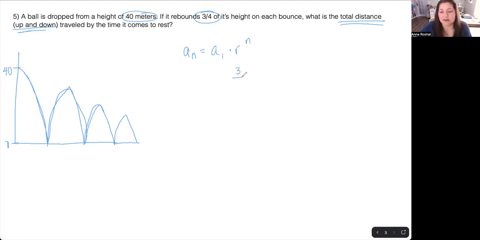So the rate is 3/4. We know that the first term is 40. We don't know what the n is, but we want this to equal 0 or as close to 0 as possible.